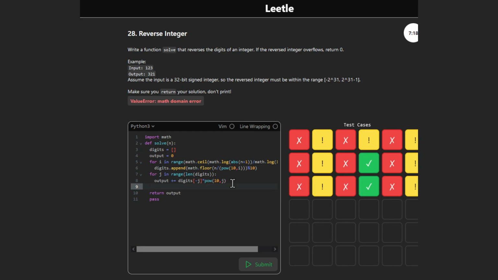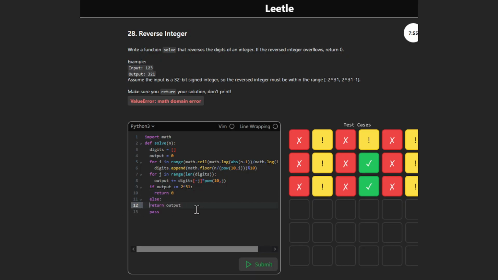And then, if output is greater than 2 to the power 31, or is greater than or equal to 2 to the power 31, then return 0.